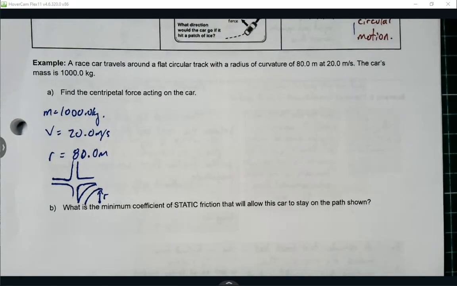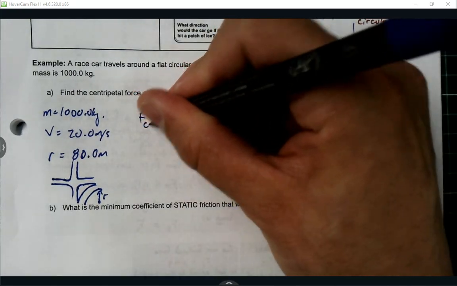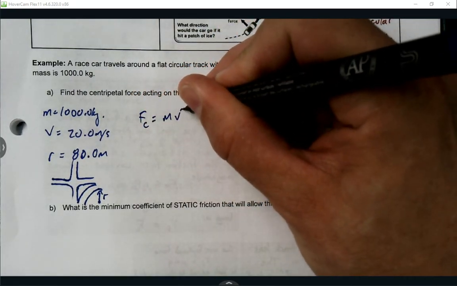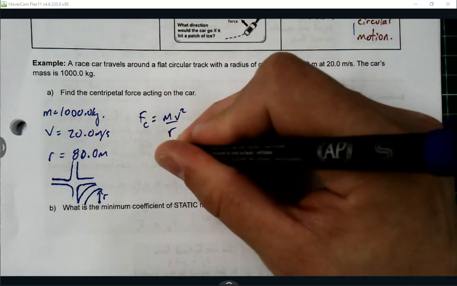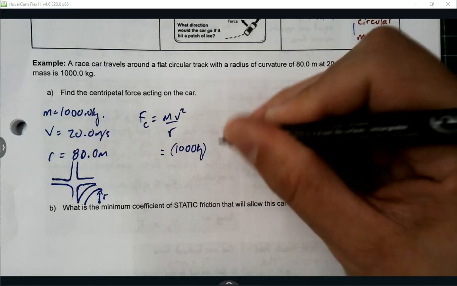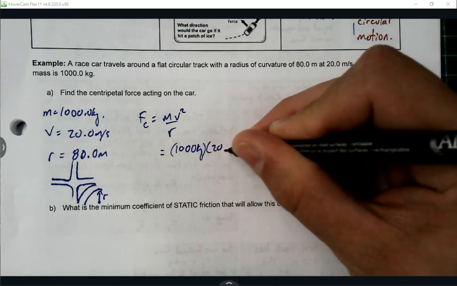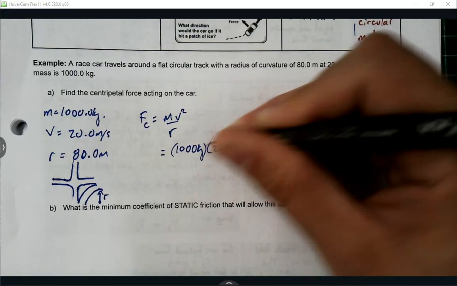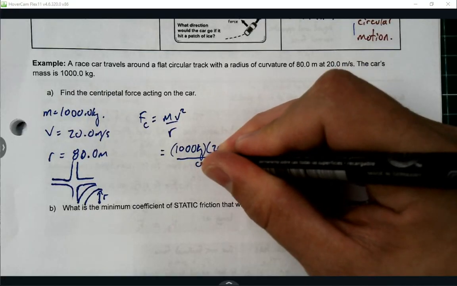So we've got our givens, and we can say Fc is equal to mv squared over r. Plug in our values, 1,000 kilograms, 20 meters per second, squared, r, 80 meters.